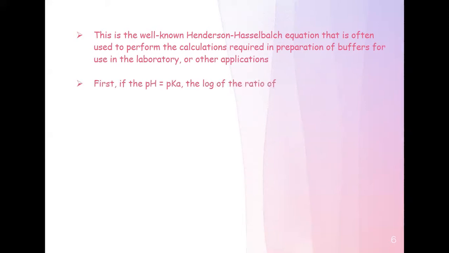This is the well-known Henderson-Hasselbalch equation that is often used to perform the calculation required in the preparation of buffers for use in a laboratory or other applications. First, if pH is equal to pKa, the log ratio of dissociated acid and associated acid will be 0.